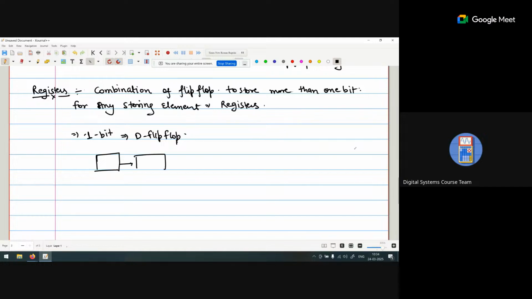Either the combination in this way, clock pulse, okay, clock pulse, where we are using inputs P0, P1, P2, P3, and outputs Q0, Q1, Q2, Q3.